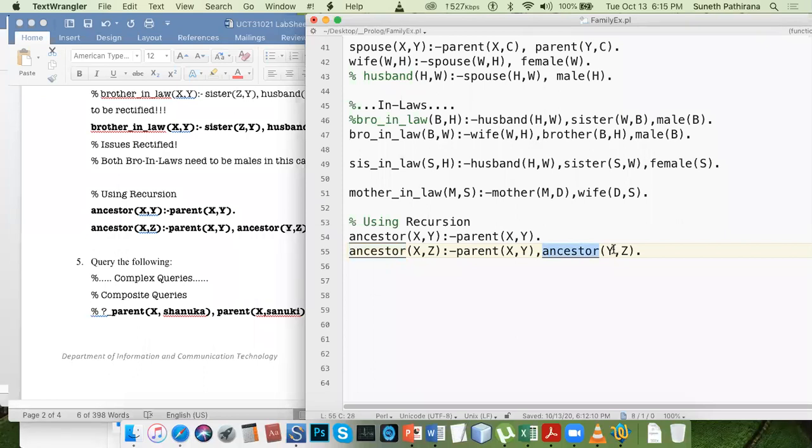This time Y becomes an ancestor. Remember, X is the parent of Y, that means Y is the child. On the other side, Y becomes the ancestor of Z. Is that okay?